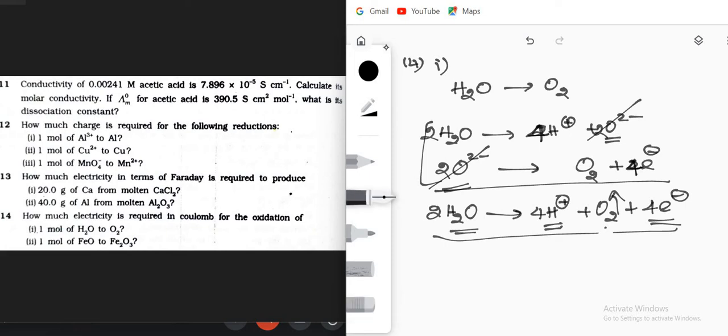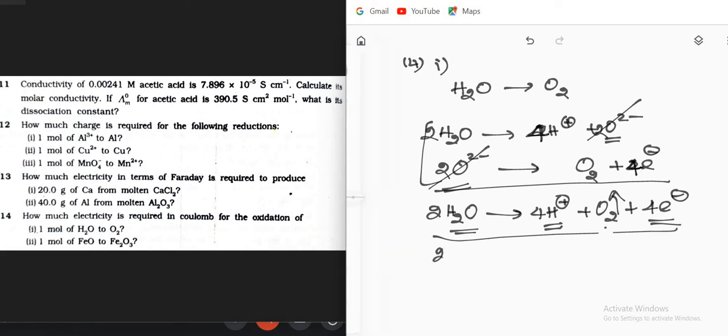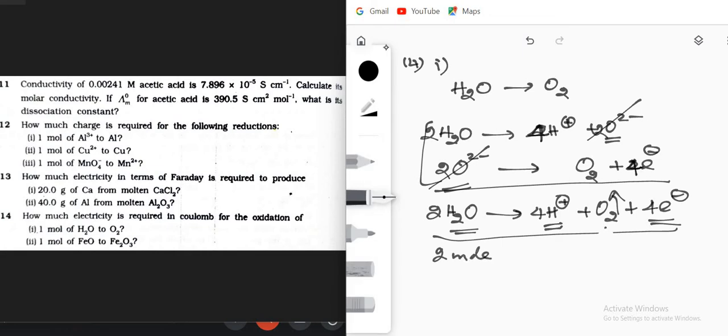See, according to this equation, 2 moles of water to oxidize requires 4 Faraday of electricity. Am I right? 2 moles of water requires 4 Faraday of electricity. Correct? It's because of the balanced equation. So on the left hand side, if you take 2 moles of water to undergo complete oxidation, you require 4 Faraday of charge.